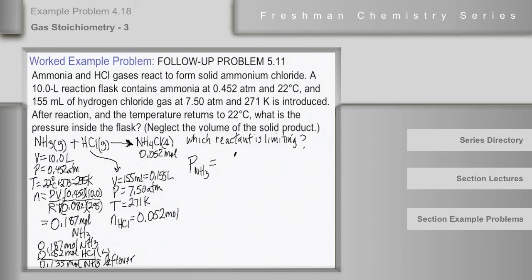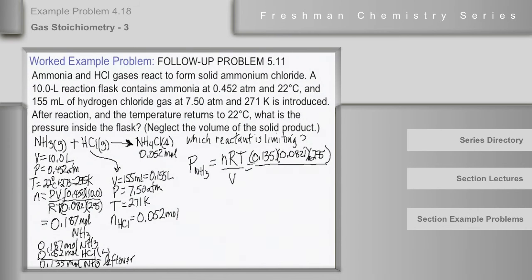The pressure of the ammonia will be nRT over V. n is the number of moles left over, 0.135. Again, I'm going to leave out the units because I don't have much room here. R is 0.0821. And the problem says the temperature returns to 22 degrees Celsius, which is 295 kelvins.